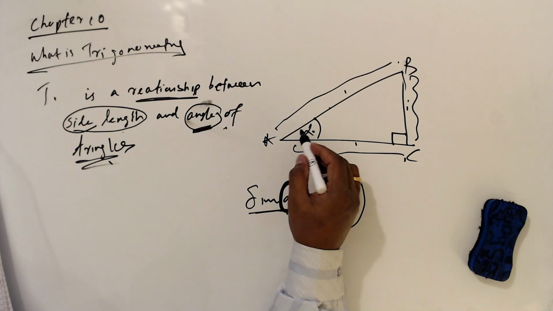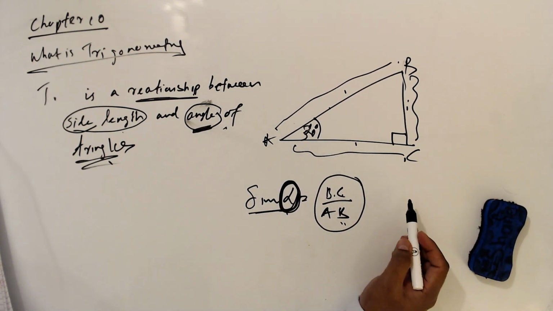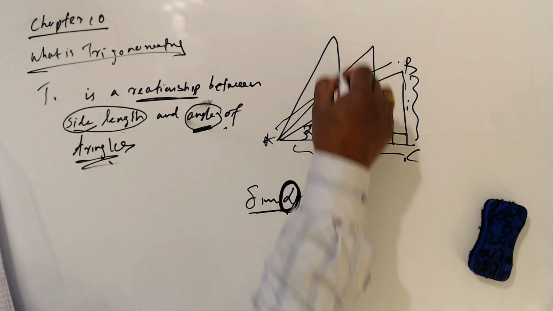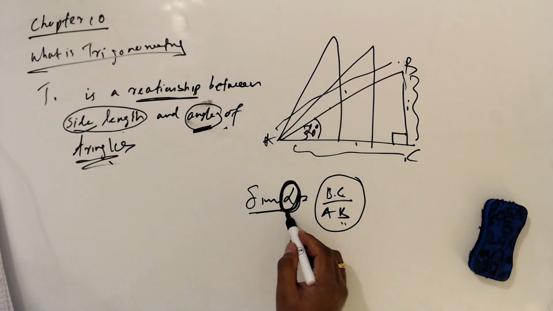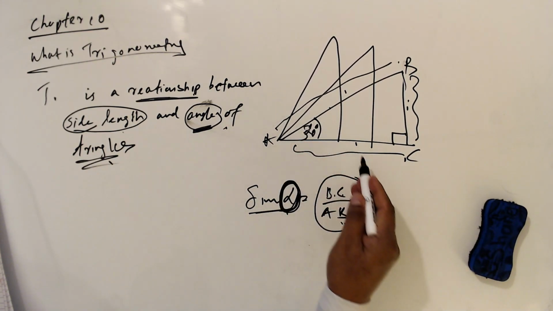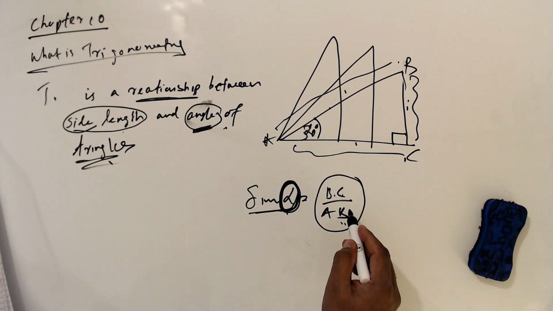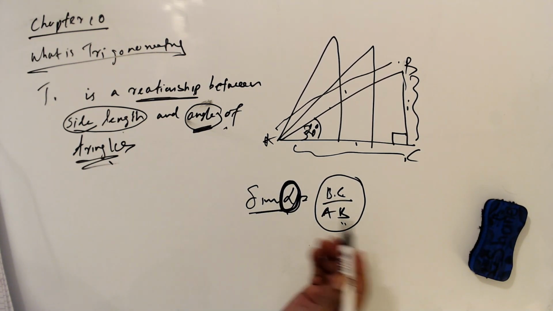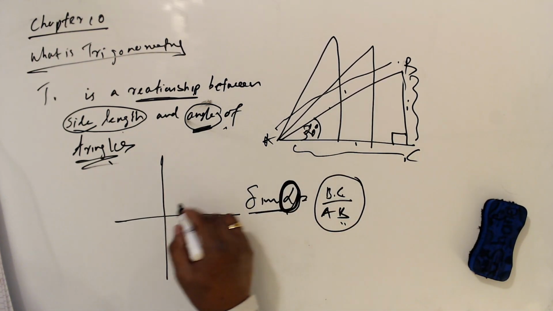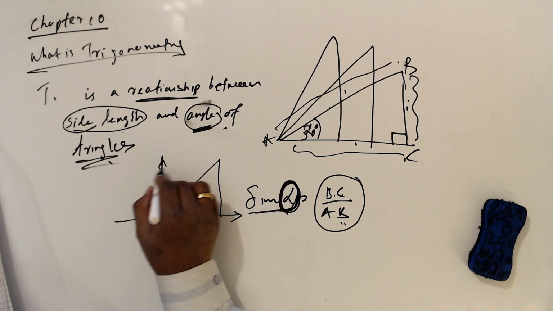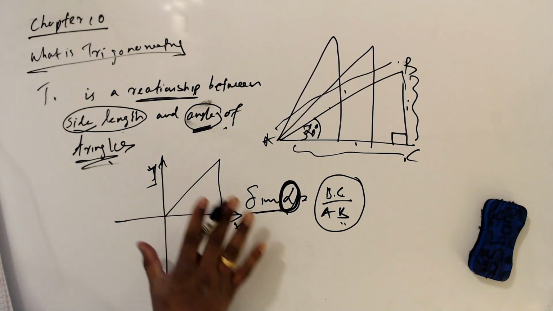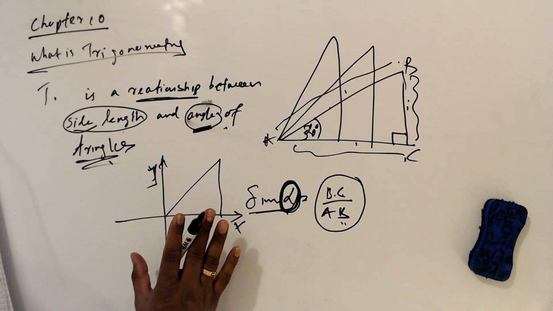Let's say now this is 30. So what will happen when this is increasing? When the angle is increasing, what will happen to this ratio? For example, if we bring this triangle into an xy plane, what will happen? This kind of study we are doing in this chapter.